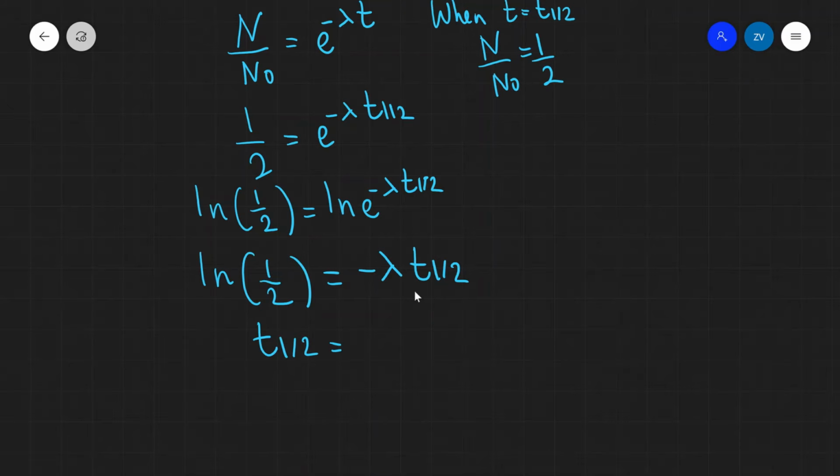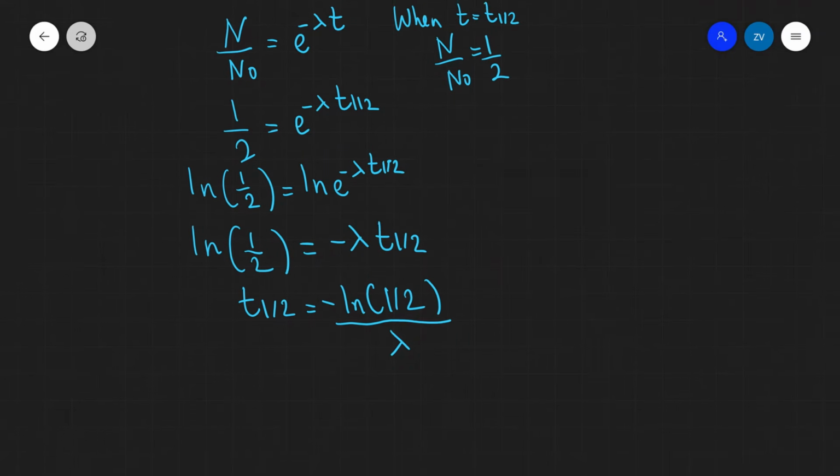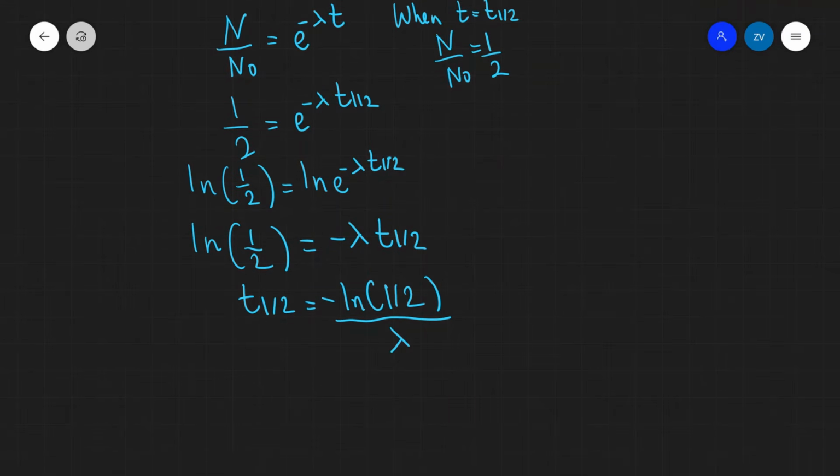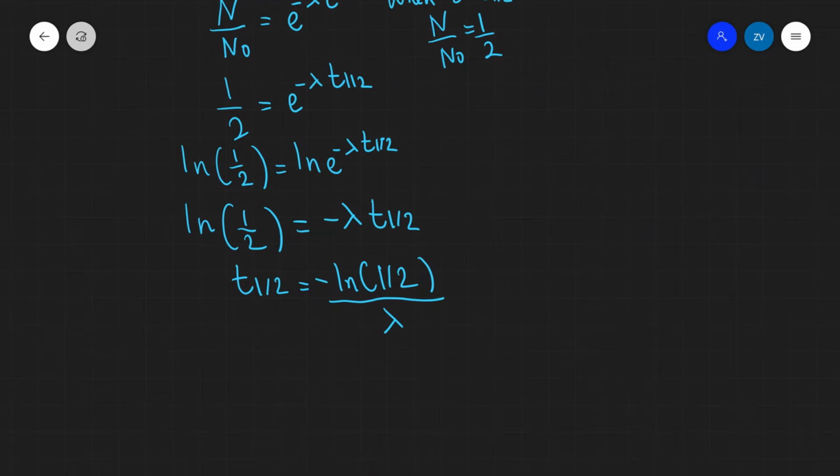Perfect. Now let's rearrange for the half-life, and what we're going to get is that the half-life t half is going to equal minus ln of a half divided by lambda. Now remember, due to the properties of logarithms, feel free to brush up on those if you're not quite certain, every time we get a negative sign, this will actually flip the fraction inside of the logarithm.